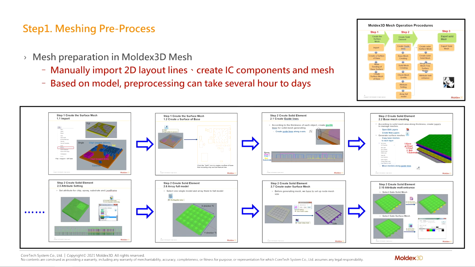At the beginning, people have to import some files, maybe DXF files for 2D layout, or maybe 3D solid modeling files. And then people have to do the surface mesh and the solid mesh and some attribute assignment or boundary condition assignment, and then export the mesh file as MFPSD files.